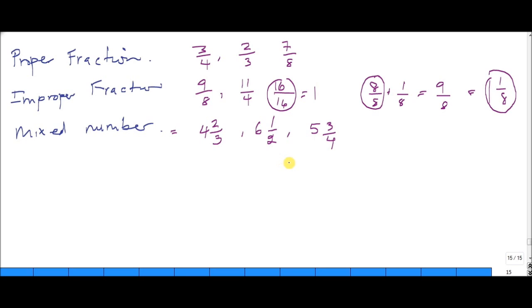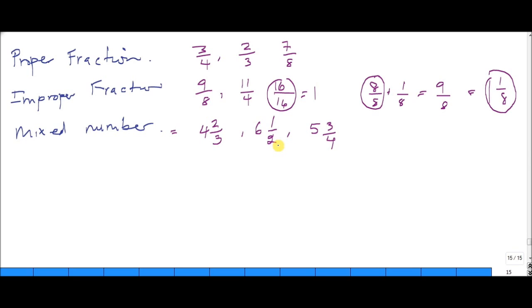If we move to page 49 now and look at the top of page 49, it says, to change an improper fraction to a whole number or a mixed number, we divide the numerator by the denominator and write the remainder as a fraction in its simplest form.